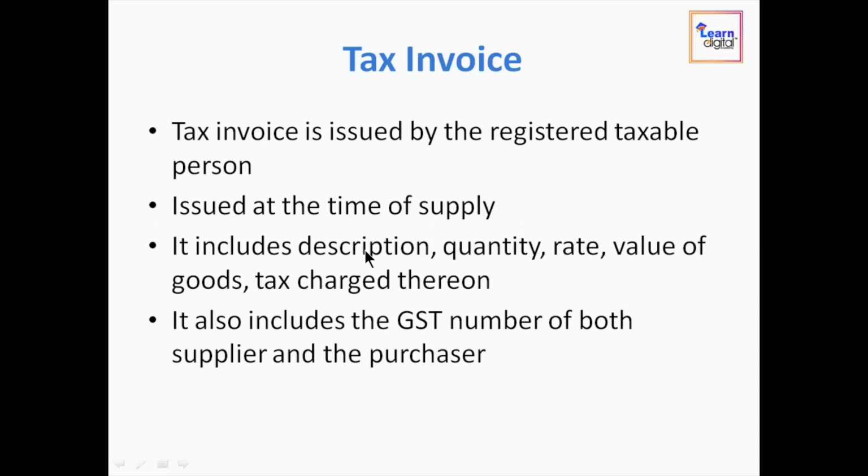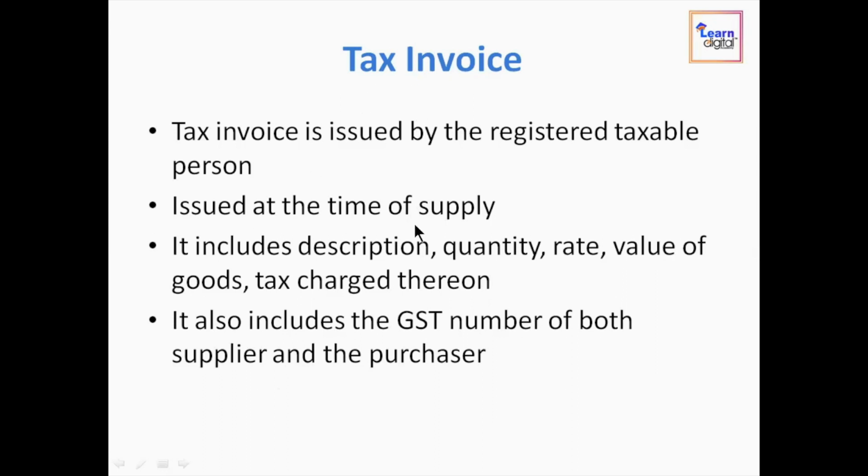Tax invoice includes description, quantity, rate, value of goods, and tax charged thereon. All these things have to be there in the tax invoice. So how many goods or quantity sold, rate per quantity, total value of the goods, and the tax charged on it. Description means what type of product it is. Along with this, it also includes the GST number of both supplier and purchaser, so that we will come to know whether it is an intra-state or interstate purchase or sale.